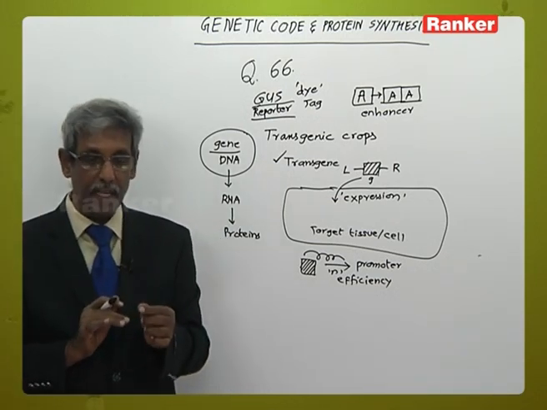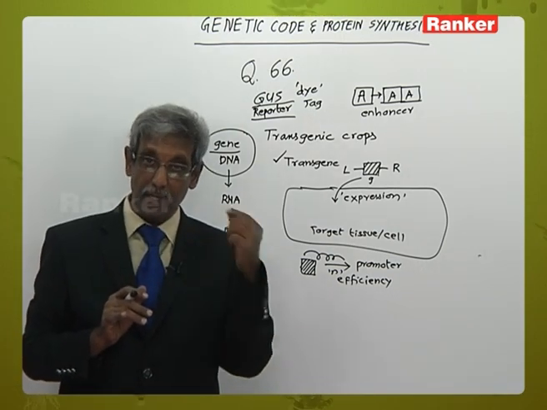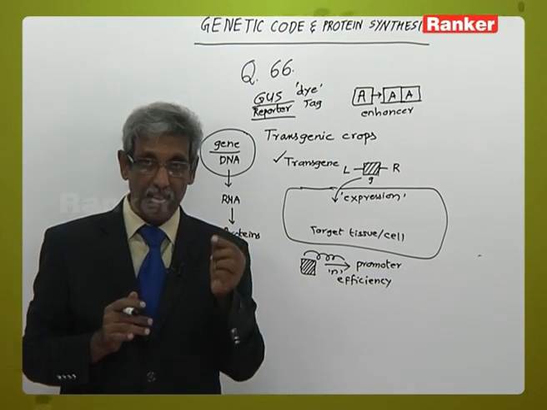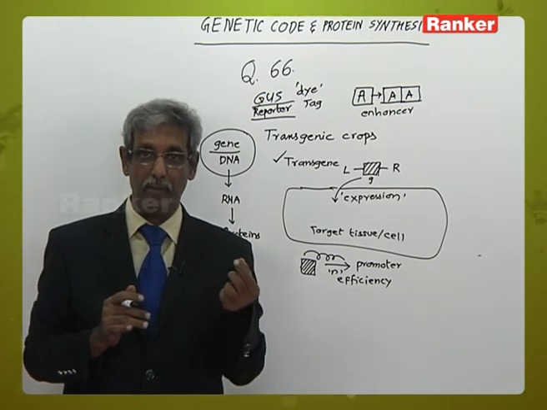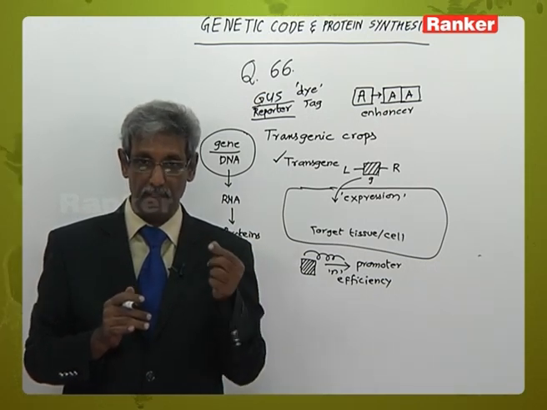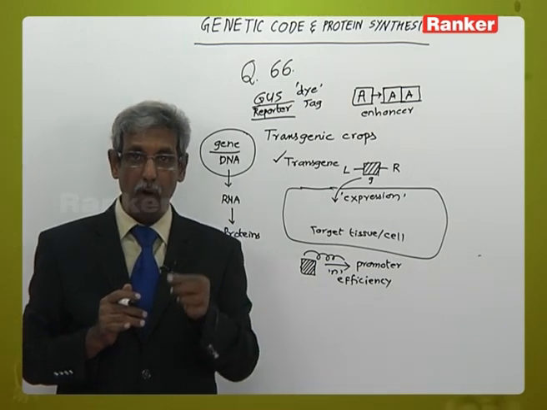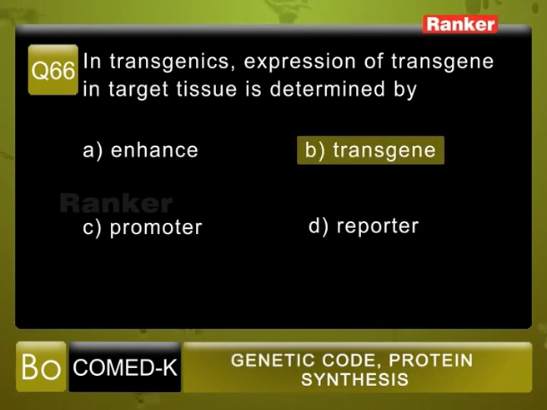In case we take a nitrogen fixing crop and a gene and try to express it in some other crop by genetic engineering, if we want to know whether NIF is expressed or NOD is expressed, or the gene coding for PEP carboxylase or ribulose diphosphate carboxylase is expressed, then it primarily is the expression of the transgenic crop. Hence, the answer is B.